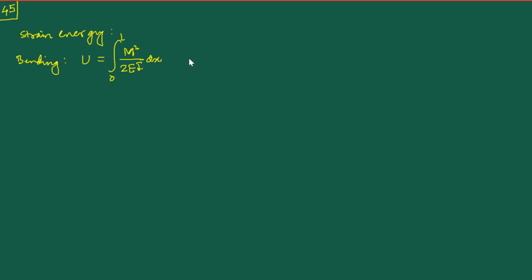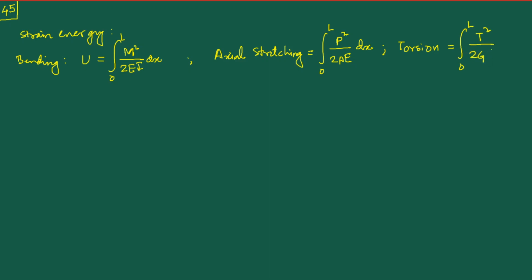For axial stretching, what we'll have is integration 0 to L P square by twice AE dx, and for torsion, the strain energy due to torsion, we are going to have integration 0 to L P square by twice GJ, where J is the polar moment of inertia.